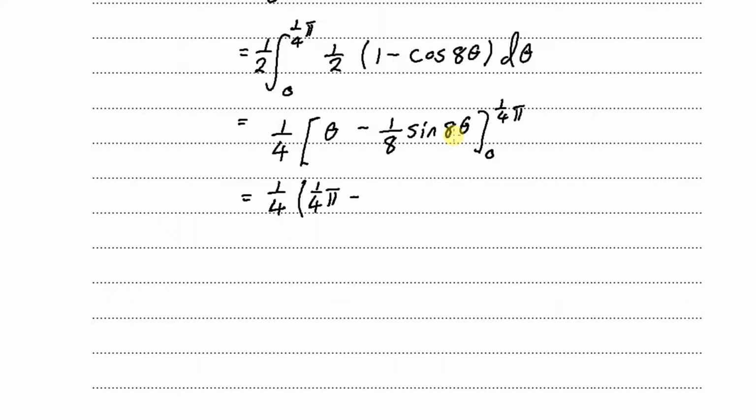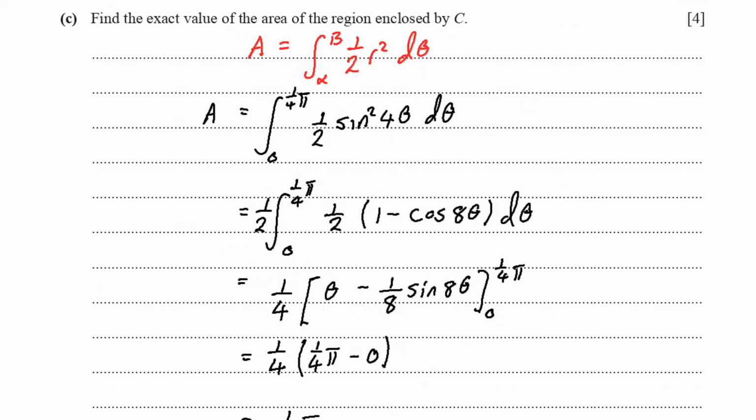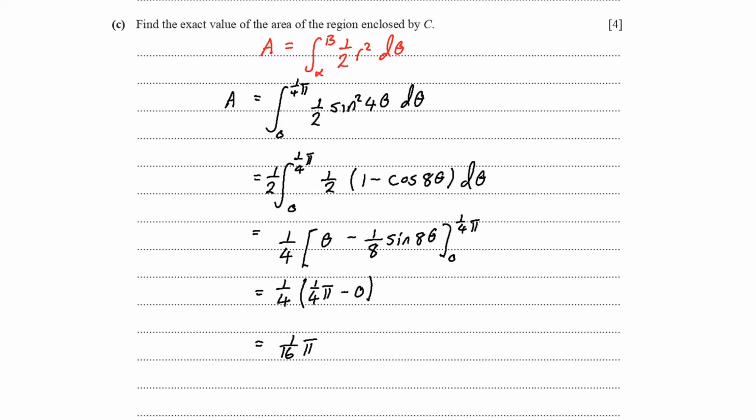Substituting a quarter pi for theta here, that's 8 times a quarter pi, that gives us 2 pi. So sine of 2 pi is 0, so we just get 0 here. And substituting 0 into this whole thing again gives us 0. So basically we'll be having a quarter times a quarter pi, which gives us 1 over 16 pi. And this is the answer right here, enclosed by C.